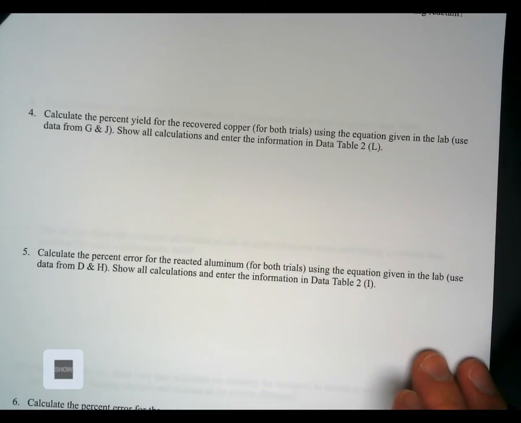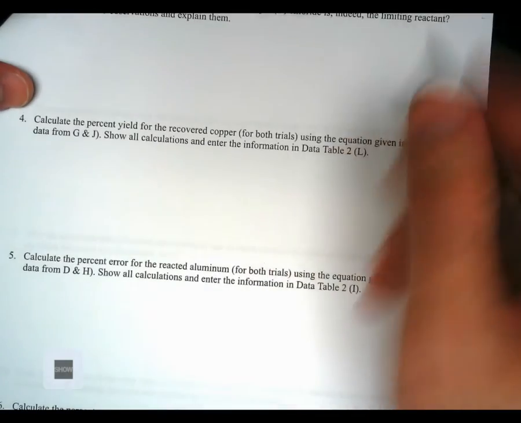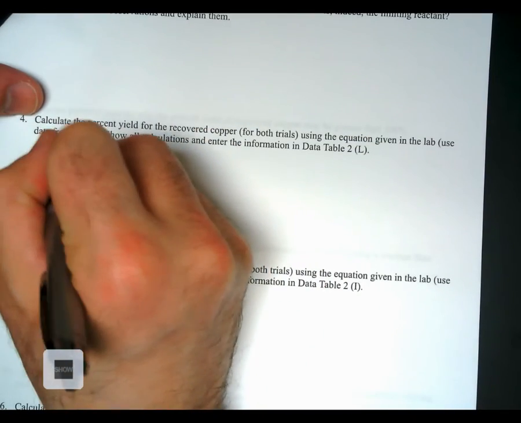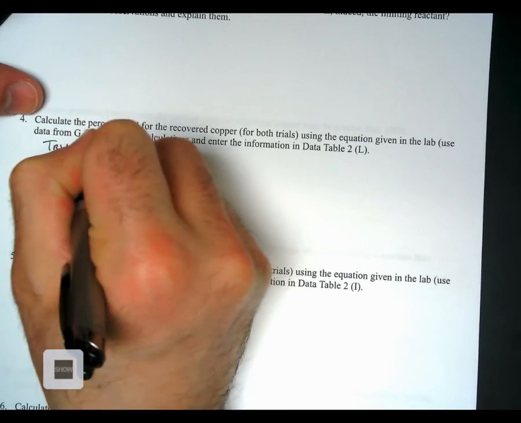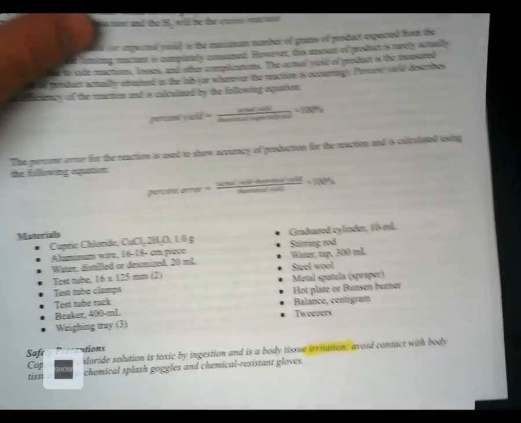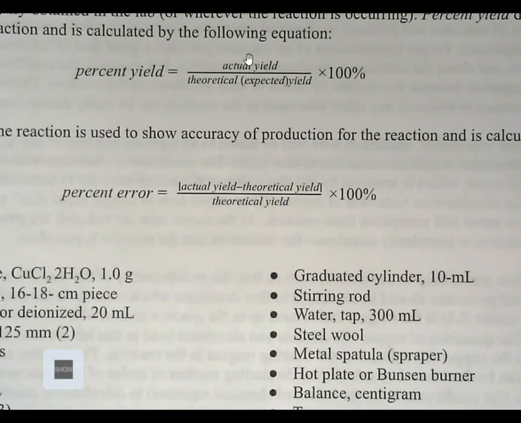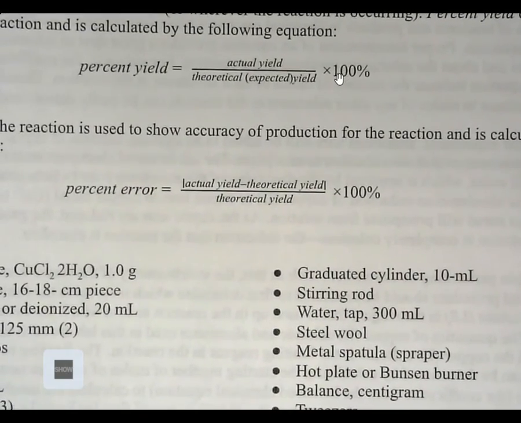Okay? Percent yield. We're going to do percent yield. They give you the equations in the lab here. There's percent yield and percent error. We're doing percent yield for this one. So it's actual over theoretical times 100.